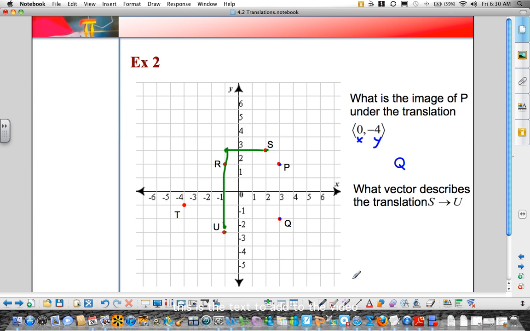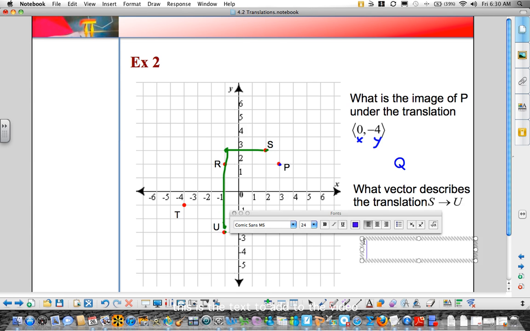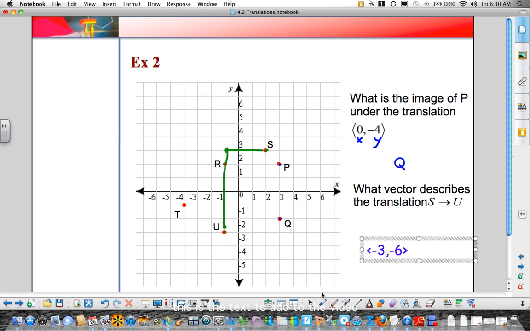I think you can see that in the x direction we moved 3 units, but we moved 3 units to the left. So we might write -3, and then we moved 1, 2, 3, 4, 5, 6 units down, -6. So that would be my answer here. I don't have the right symbols to make those look right, but we would use that vector notation, -3, -6.